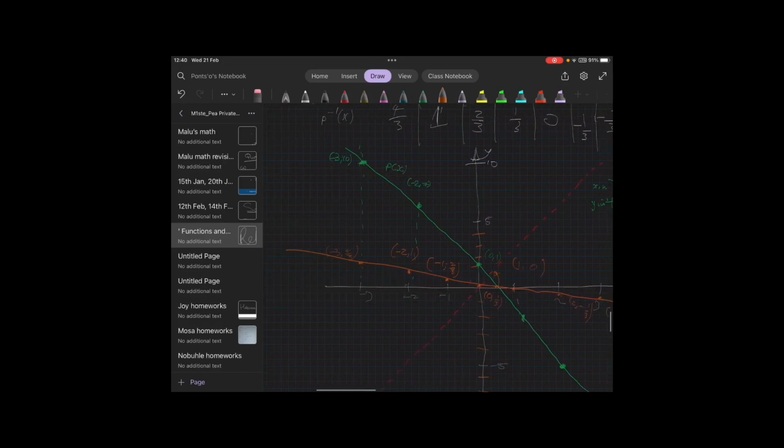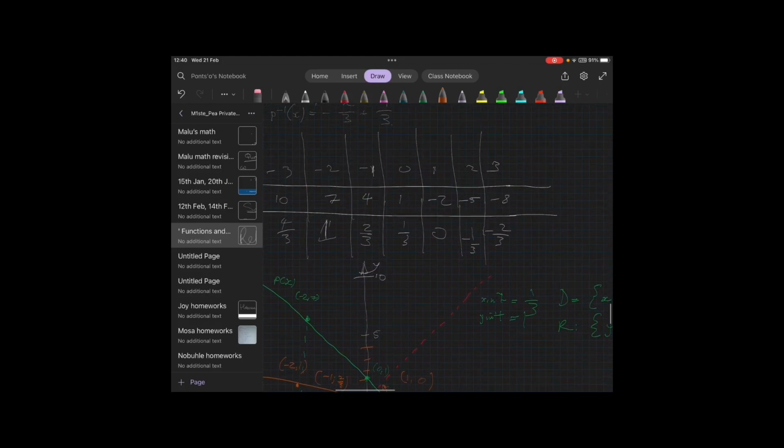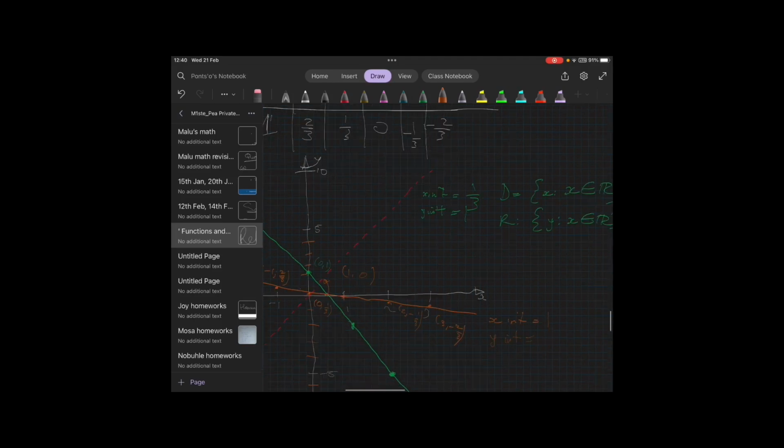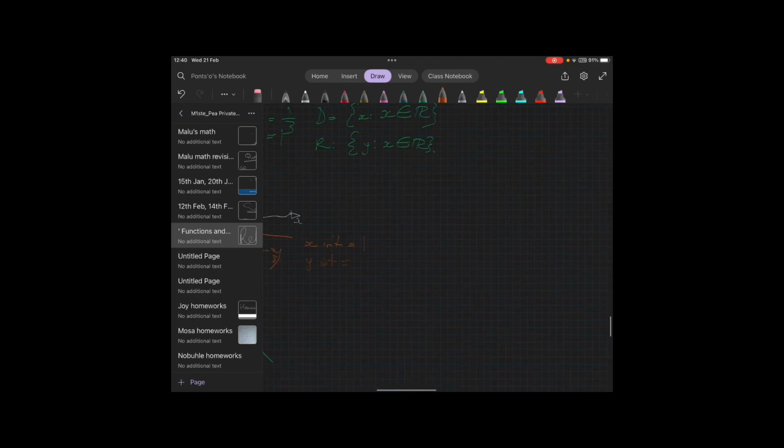And the y-intercept is where x is 0, so where x is 0, y is a third. Okay, and the domain would be a set of x values such that x is an element of real numbers, and the range would be a set of y values such that y is an element of real numbers. Alright.